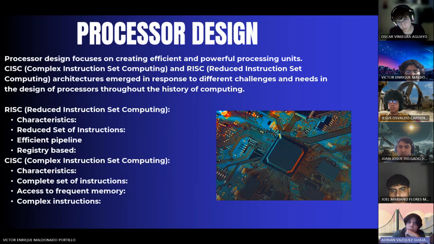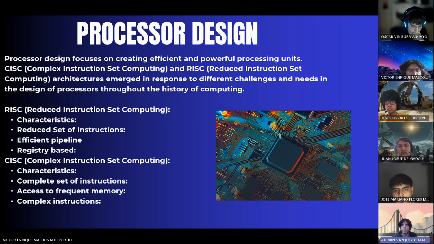The processor design. Let's now turn to the processor design, where efficiency and power take center stage. Here we encounter two main approaches, complex instruction set computing and reduced instruction set computing. The RISC architecture stands out for its reduced set of instructions and its focus on an efficient register-based pipeline.